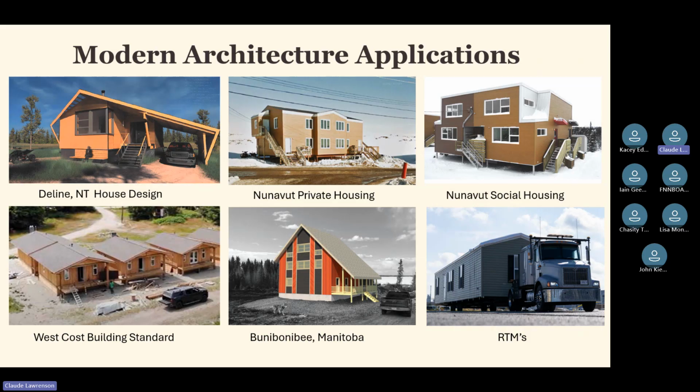And again, in talking to some of the people that I've been doing a lot of code training on the National Building Code, and talking to various indigenous communities about the National Building Code, we often talk about the RTMs, about some of the issues with RTMs. Maybe good design, good plans, but also issues in the actual movement of buildings. But certainly modern architecture, I guess RTMs are also part of the picture.